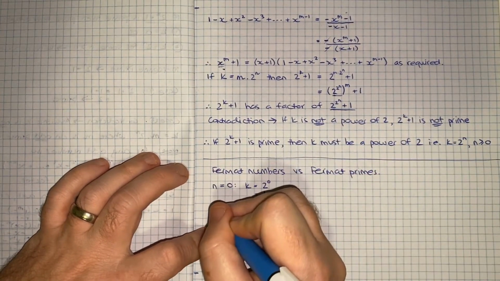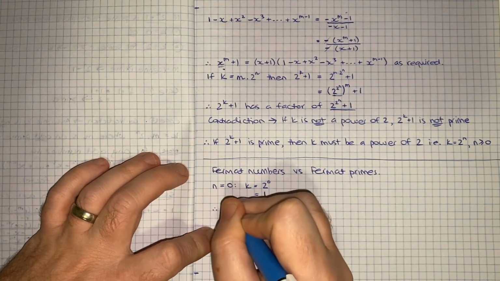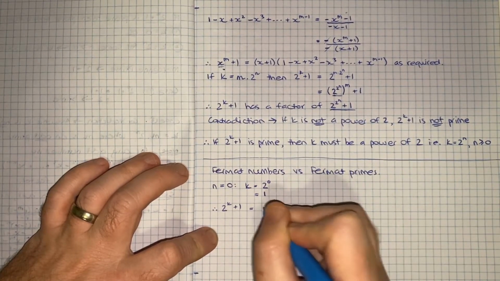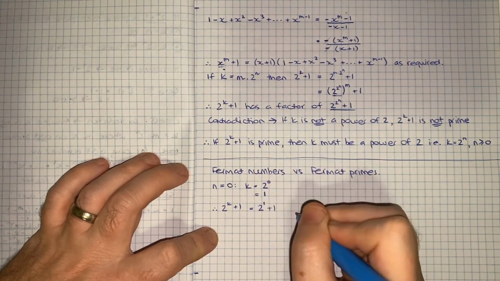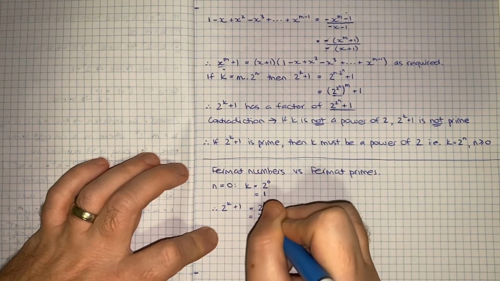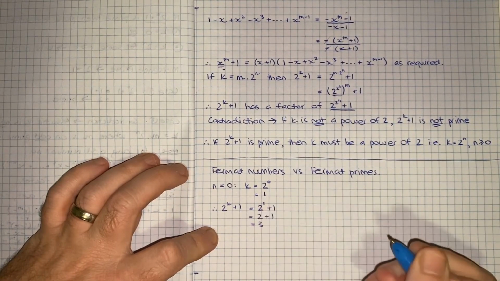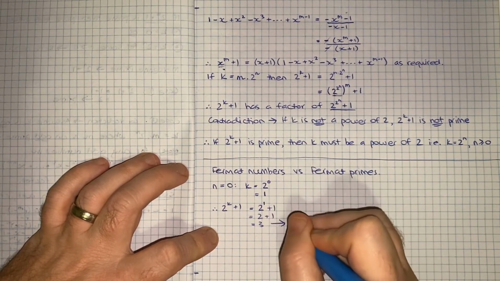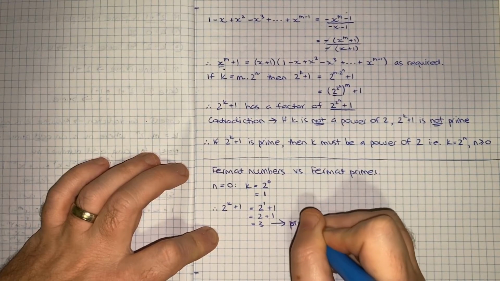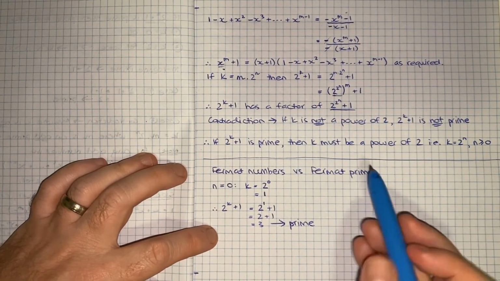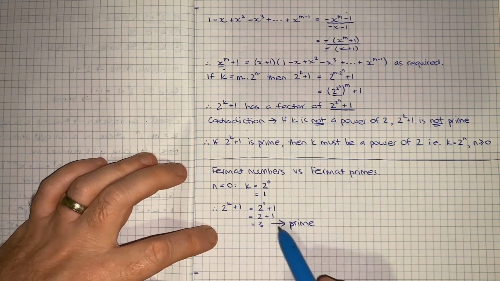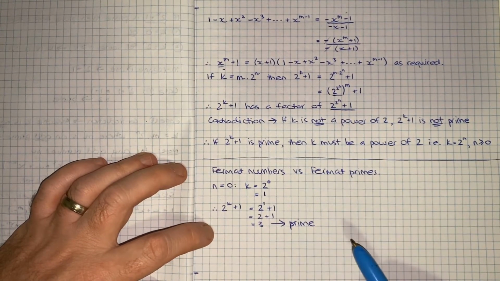So our 2^k + 1 would become 2^1 + 1, which is just 2 + 1, which is equal to 3. And 3 is a prime number. So here we have our first Fermat prime, which is a Fermat number that happens to be prime when n is equal to 0.